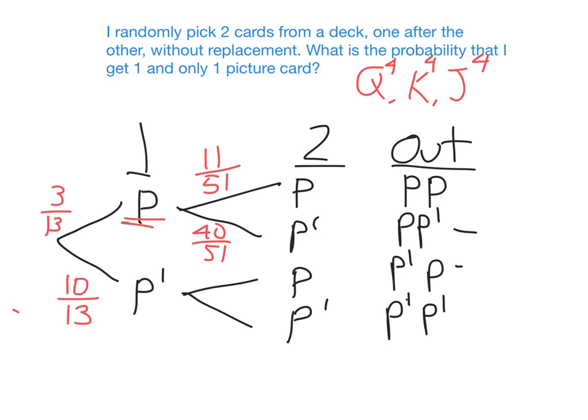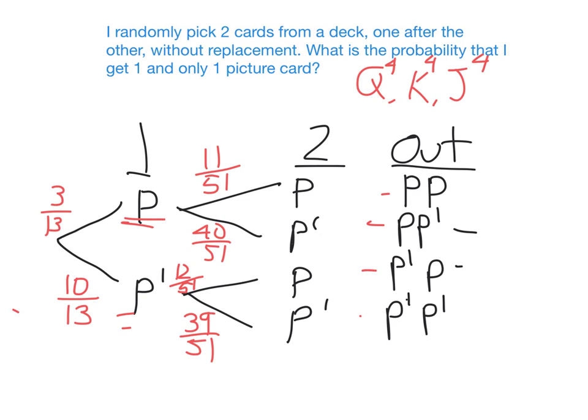So for the next one, if I didn't get a picture card first up, there are still 12 picture cards, but there are 51 cards in the deck because one of them has already been taken. Now, if I started with 12 picture cards, there were 40 that were not picture cards. If I take one of those, there are 39 left out of the 51. Okay? So, all of these 4 outcomes here will not be equally likely.